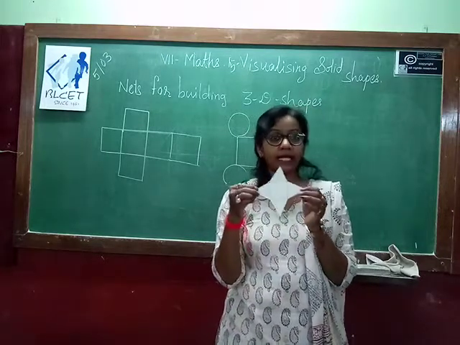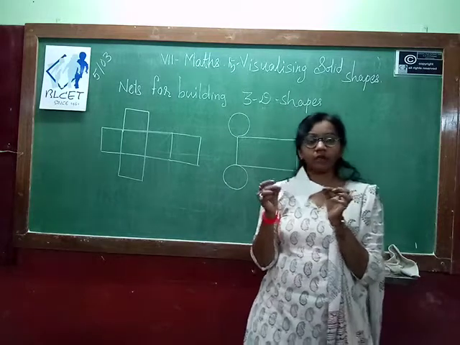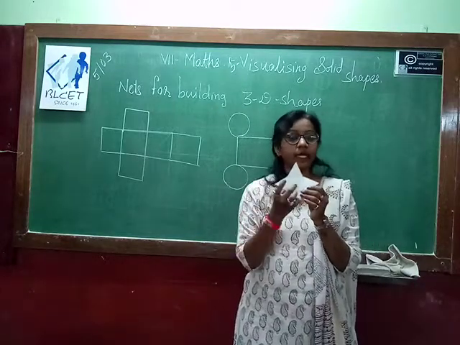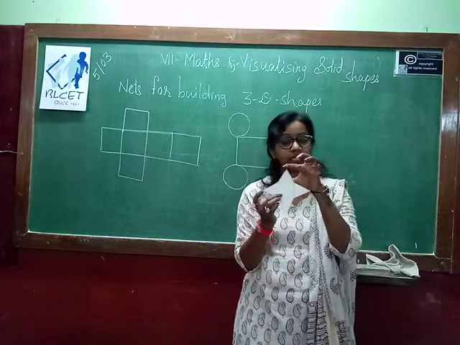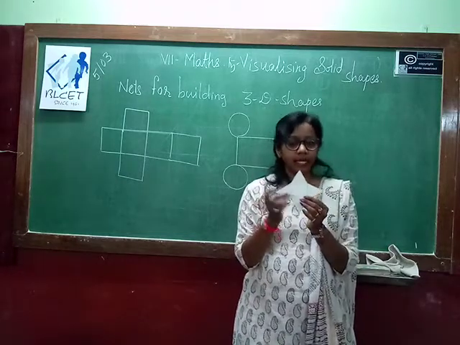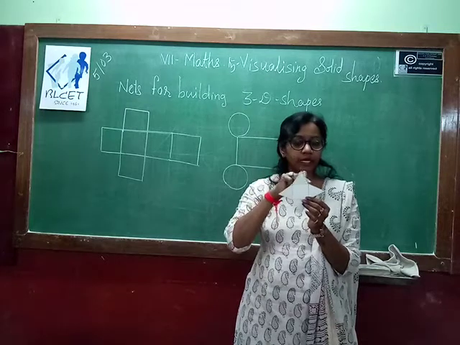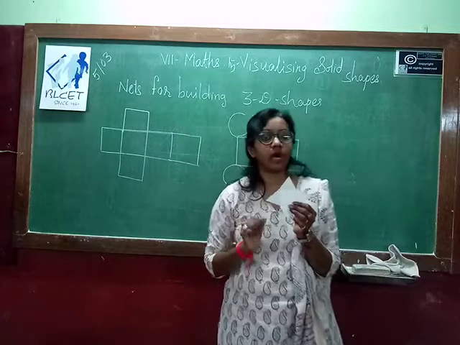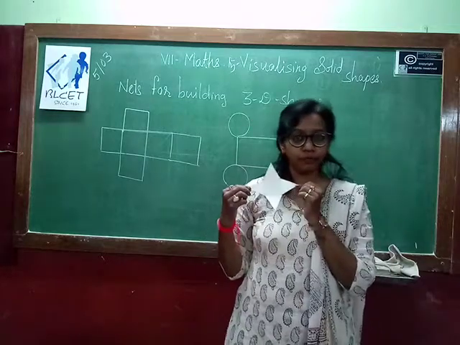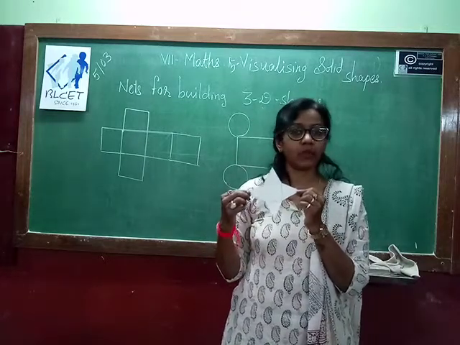All 5 squares are of the same measurement. One is the center, the remaining 4 are triangles. First draw the shape of a square, then find the midpoints and join the edges like this, and the remaining extra portion you have to cut. So you will get the net of a quadrilateral pyramid like this.